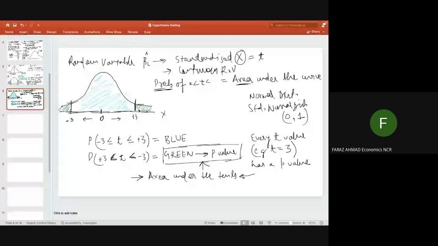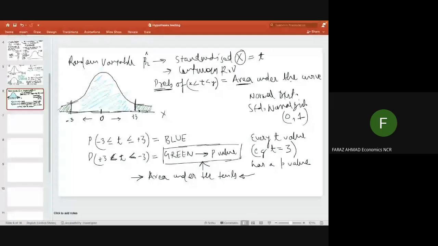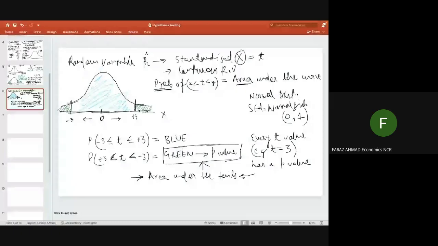I'm giving these arbitrary values x and y. T taking a value greater than x and less than y is nothing but the area under the curve. And then let me change it here. We have a t here, and then we have a p value, small p, here. And now everything is according to our regression.